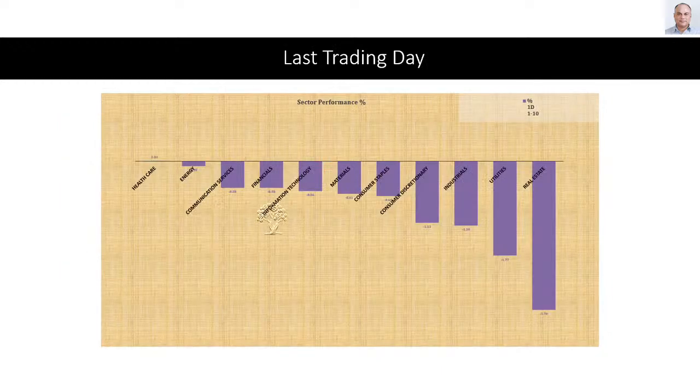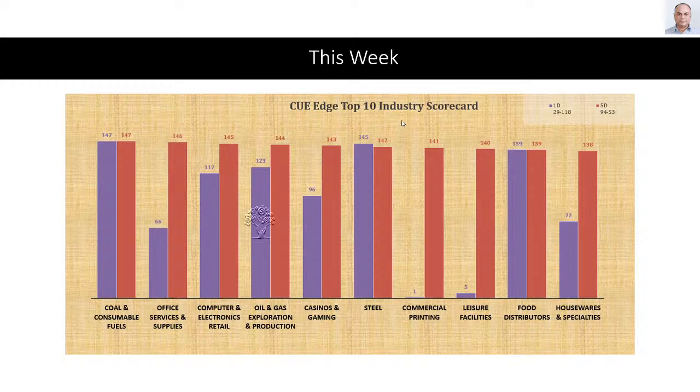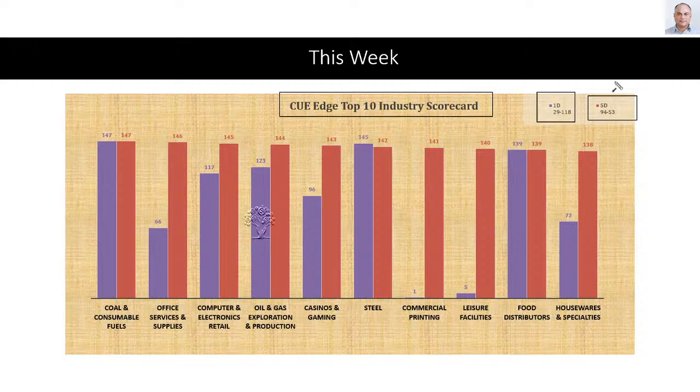Let me step back again. I looked at Friday's market and saw that all the sectors were down. Healthcare was unchanged. So I thought, is there a buying opportunity? Then I looked at the 10 best performing industries over 5 days. Friday was down, but I wanted to see if any of these best performing industries over 5 days retained its score.